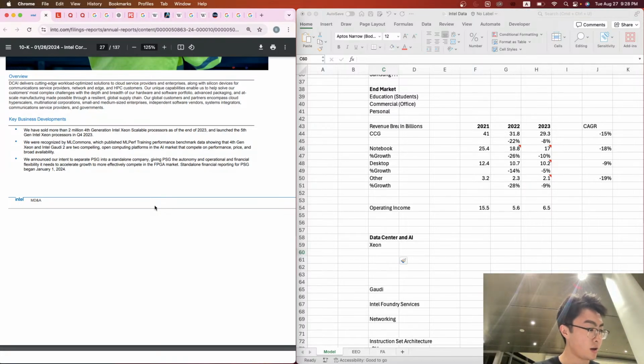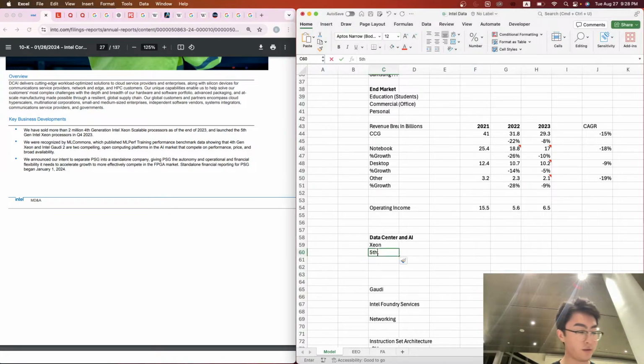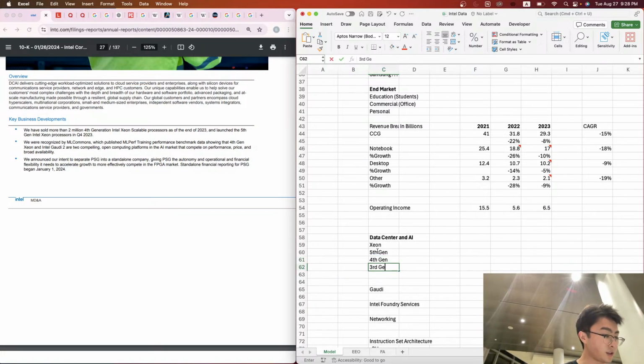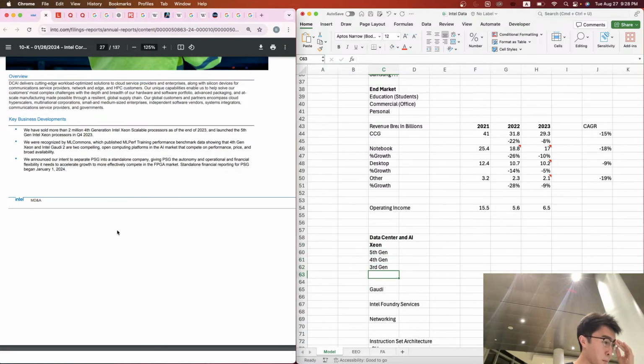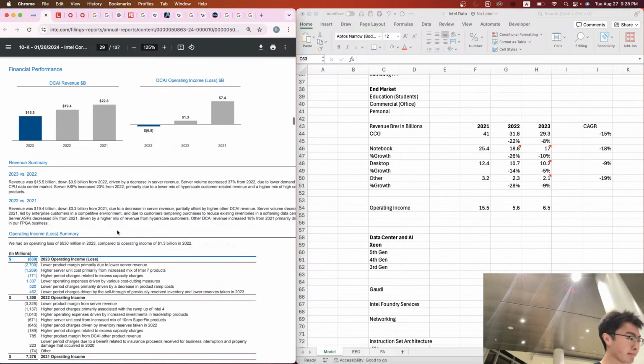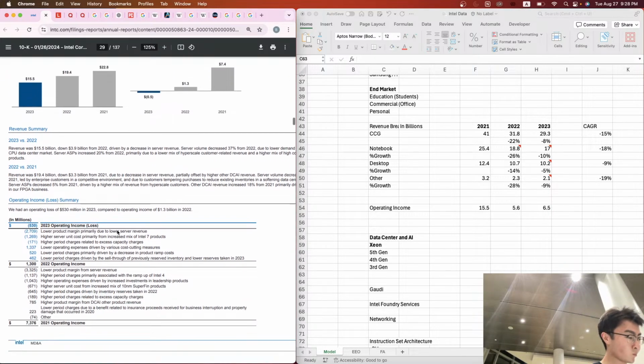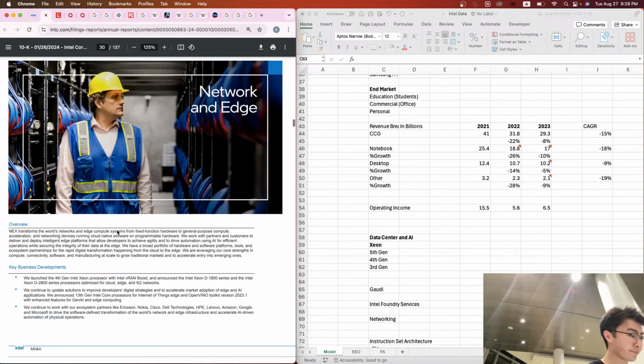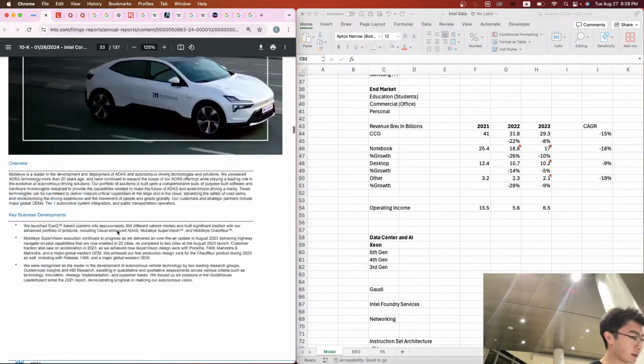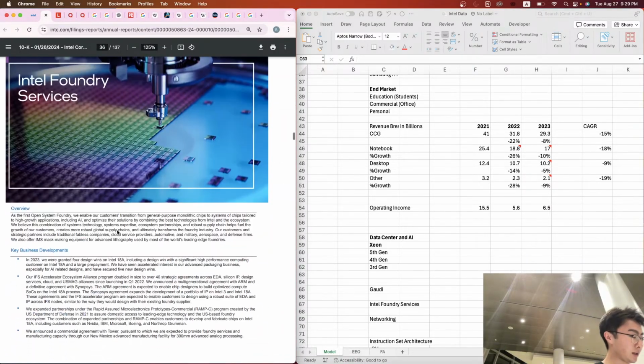Okay, so I guess this will be the 5th gen, 4th gen, Q4 2023, maybe October, November, December, 3rd gen. Okay, this doesn't give us Mobileye.